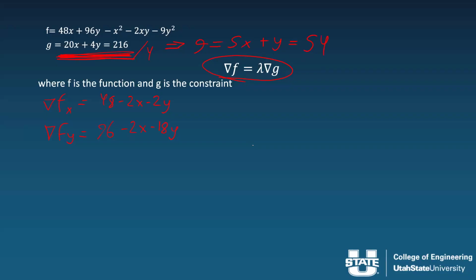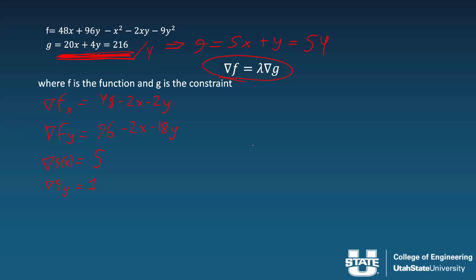So now what is our gradient of g with respect to x? It's going to be 5, right? Our gradient of g with respect to y is going to equal 1. So now we're going to set up our equations.